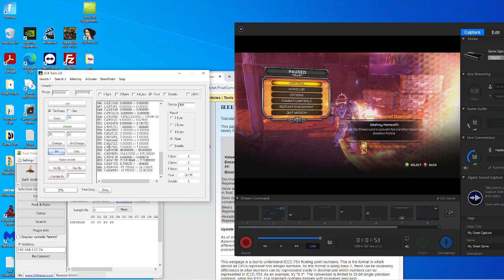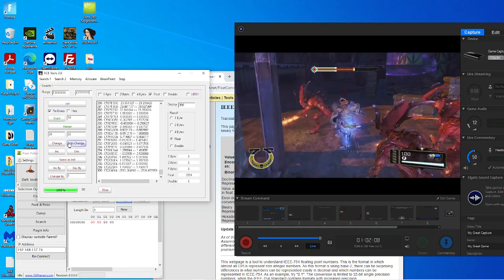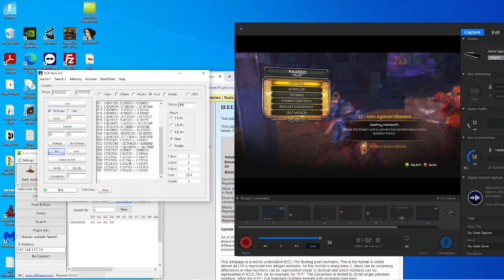I'm just going to do it hit by hit now because we've not got a lot left on that Fury gauge before it pops to 100. Okay, getting closer.